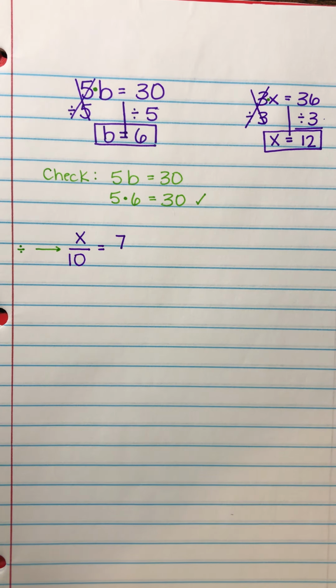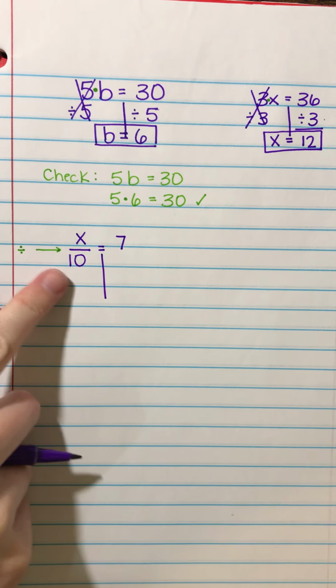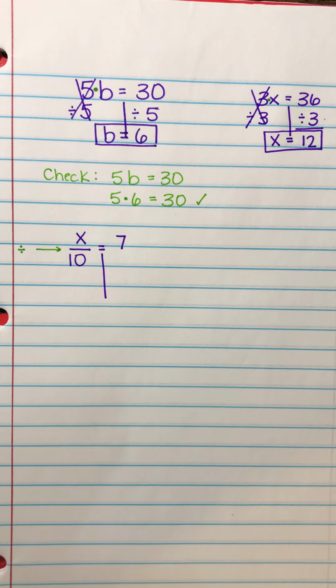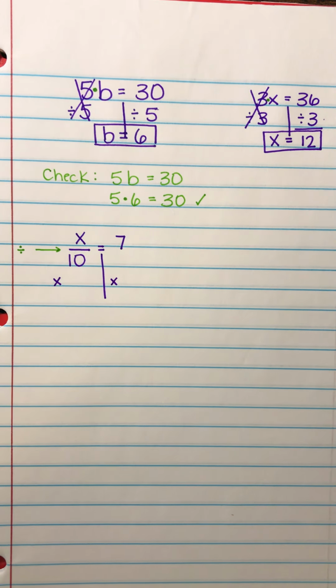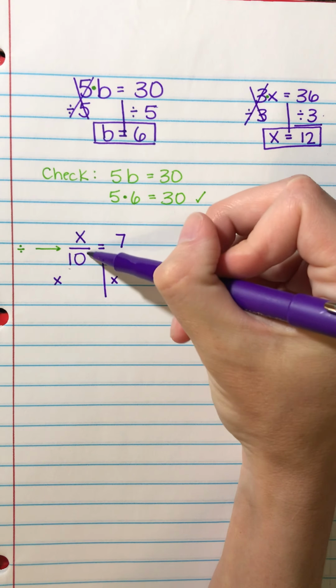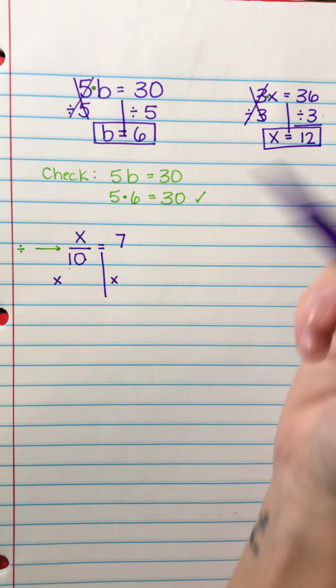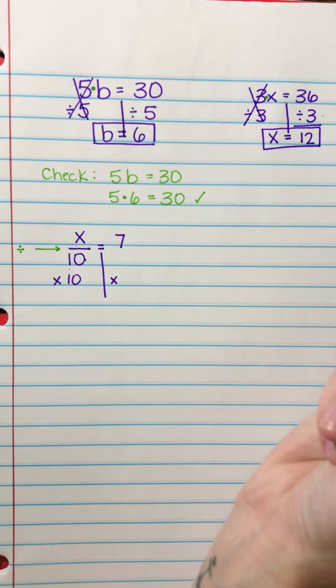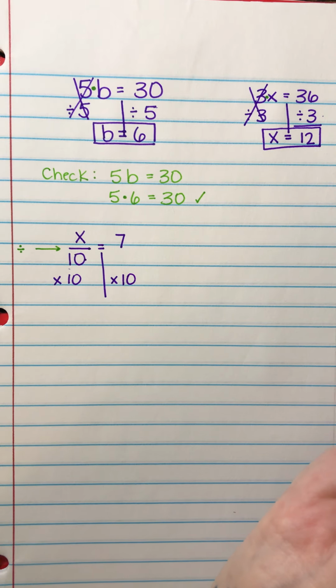Okay, so now that I know that I'm dividing, I have to do the opposite of division to get my letter all by itself. The opposite of division is to multiply. And if my goal is to get the letter x all by itself, I've got to get rid of this 10 that's hanging on there, which means instead of dividing by 10, I am going to multiply by 10. And I have to do the same thing to each side of the equal sign.